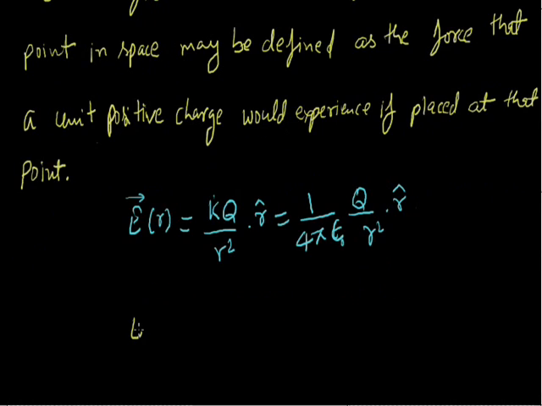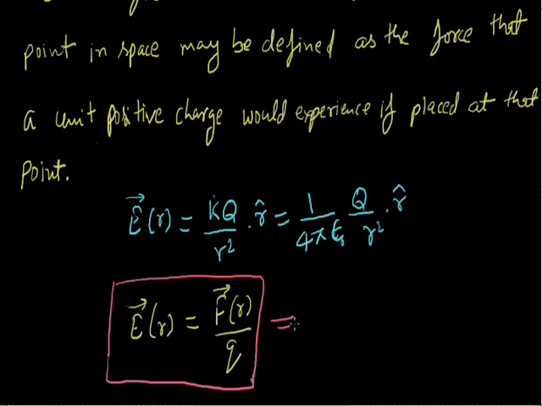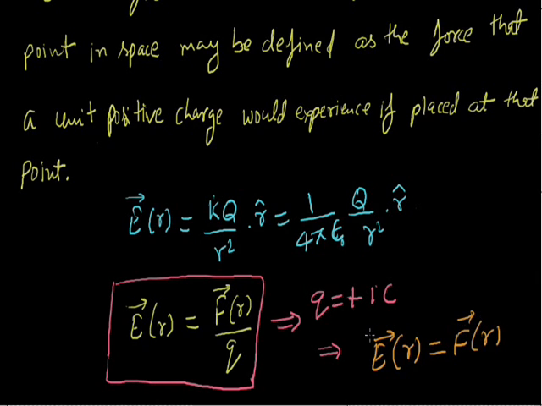We can also write E vector as F vector divided by the charge q, the force experienced by a unit positive charge. If we put in this formula q equal to 1 coulomb, a unit positive charge, then the electric field or electric field intensity will be the force experienced by that unit positive charge.